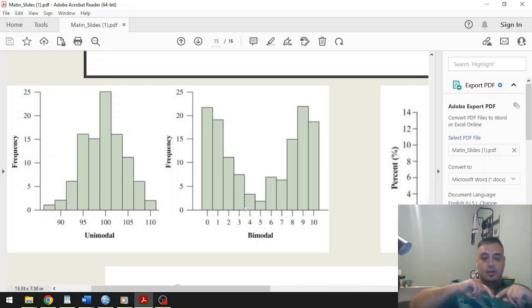In a bimodal distribution, you see two modes, the first mode being here and the second mode there. There are two chunks within a distribution, and a unimodal is a one-chunk distribution. I think an easier way to put it is one-chunk distribution, two-chunk distribution.